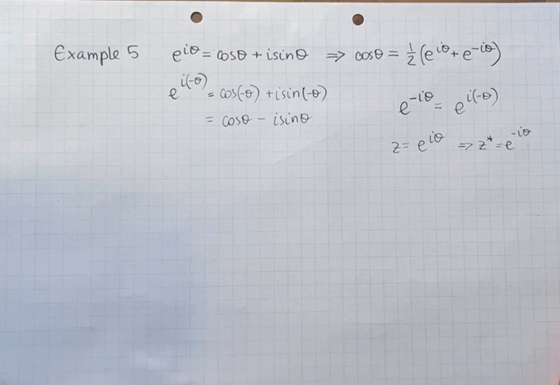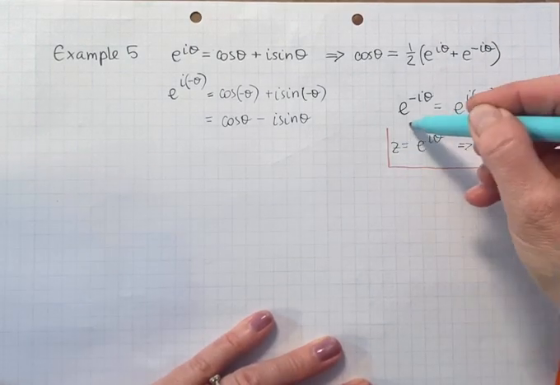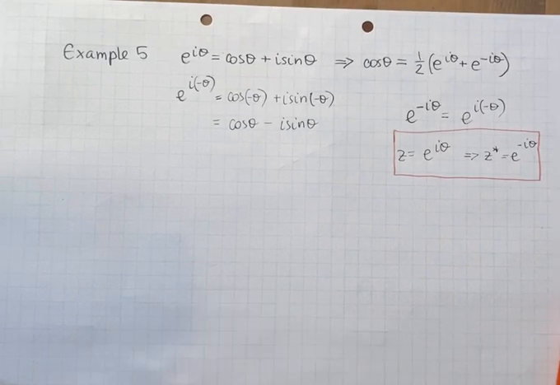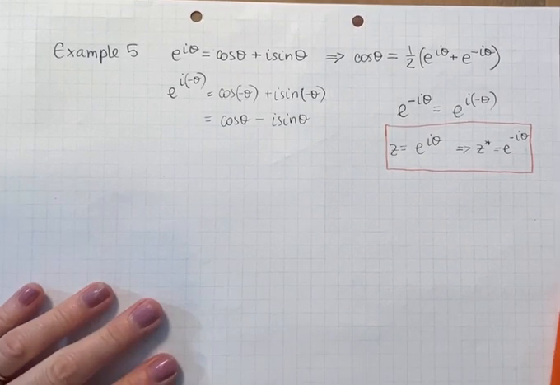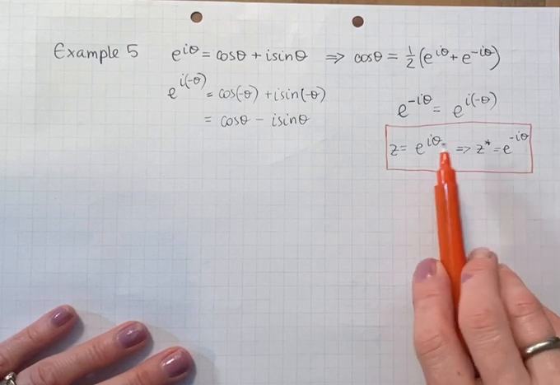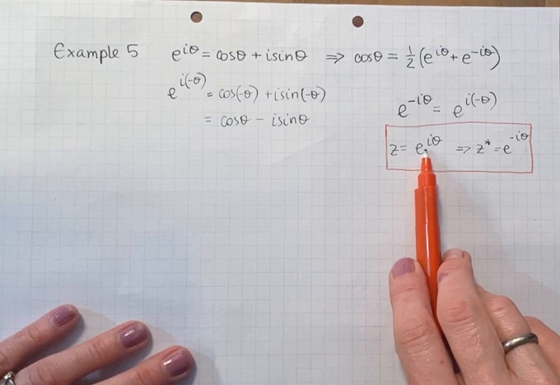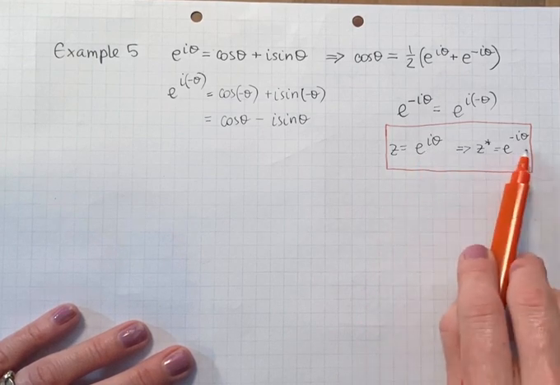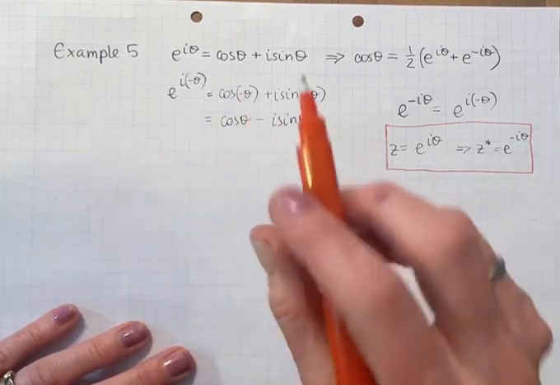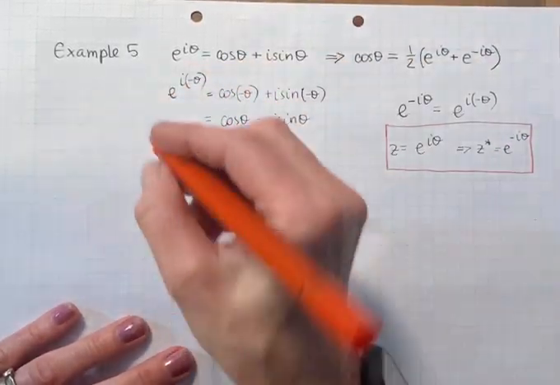I would say this is another really important result, something pretty obvious, but when you see it in this form you might forget. So they are conjugates of each other. So if you start with this number, then its reflection in the real axis is its complex conjugate, and vice versa. Okay, so let me just write these down again.